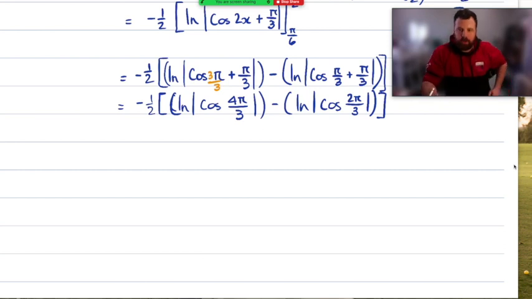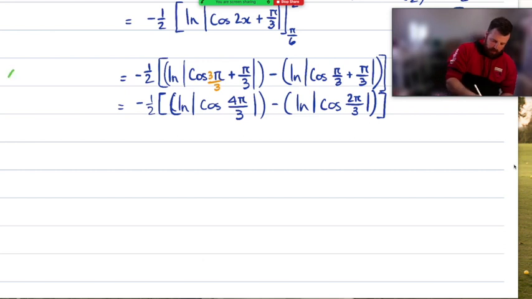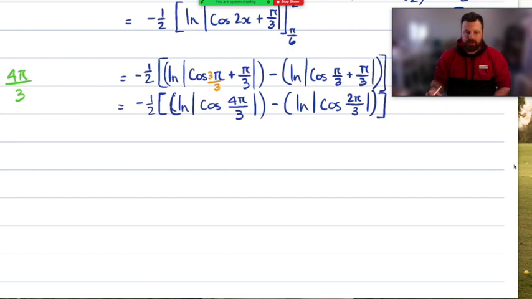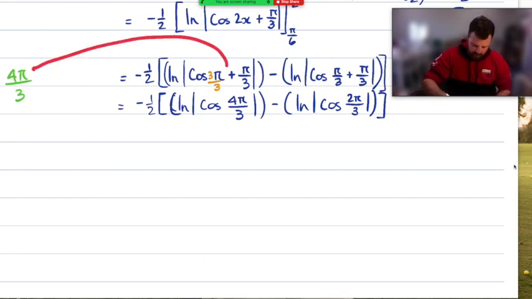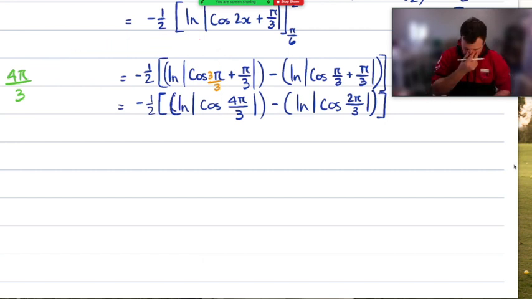Alright, so now we need to think over here on the side, what do I know about 4 pi over 3? Well, 4 pi over 3, if I come back here, what I've actually got written in here, if we just pause for a second, was pi plus pi over 3. Right, pi plus pi over 3.